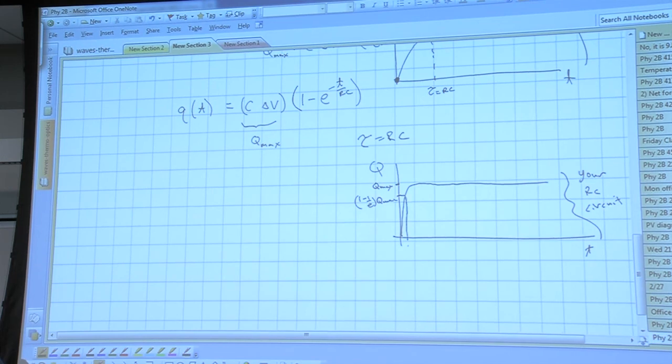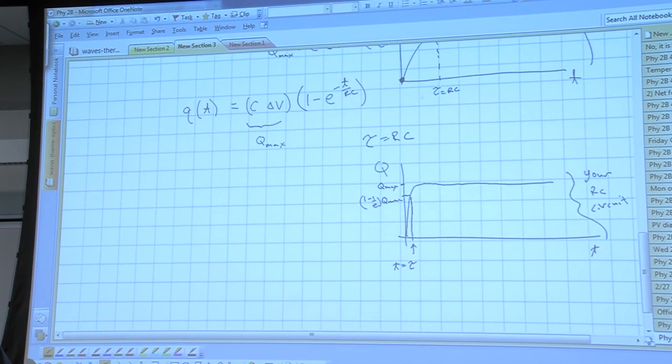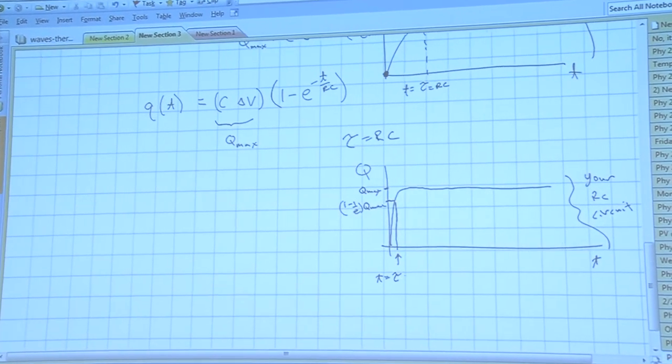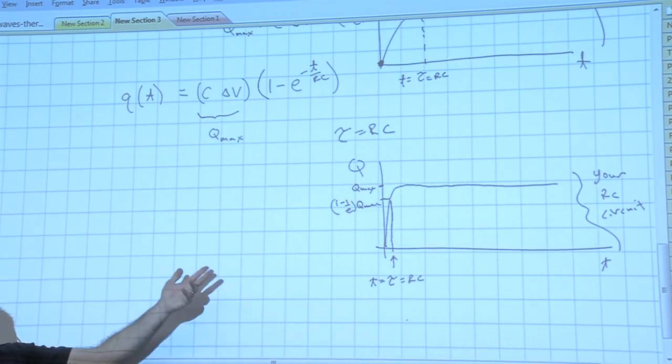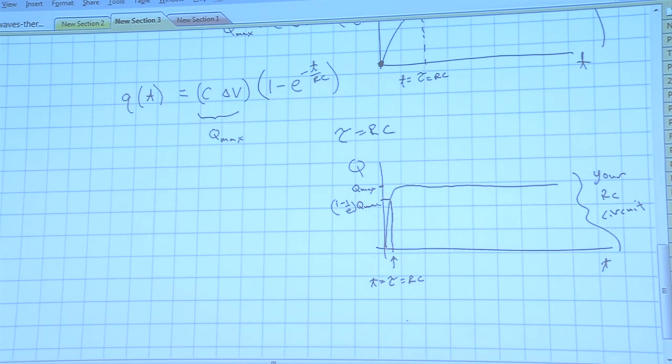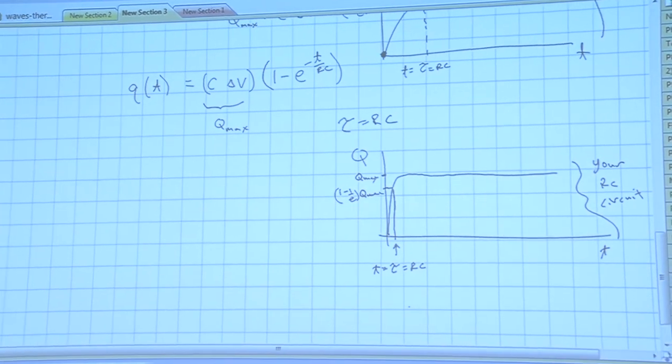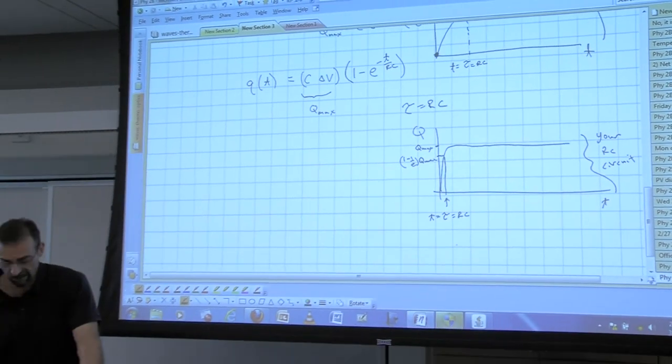And you record the time. And that's when t is equal to tau, RC. And then we can compare. So the time constant of the circuit tells us how long it takes to charge to 1 minus 1 over e of its maximum value. So we have a comparison point.